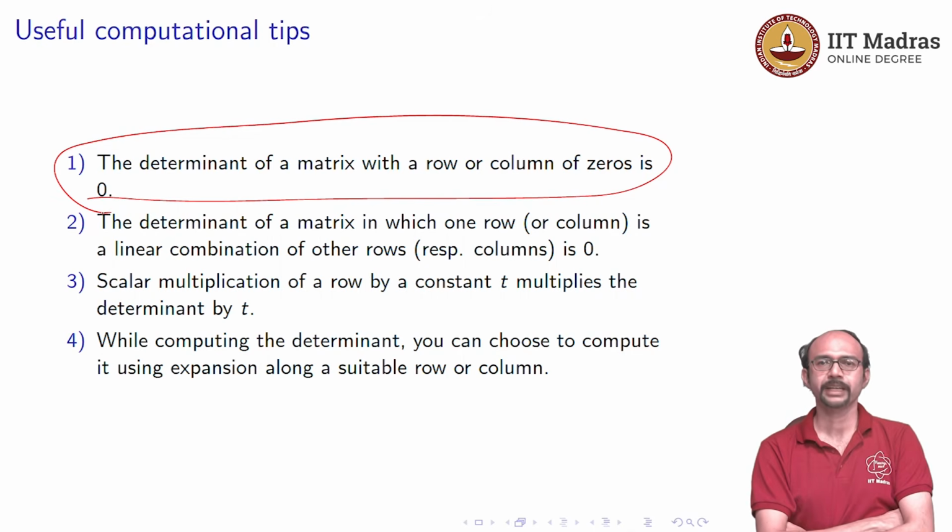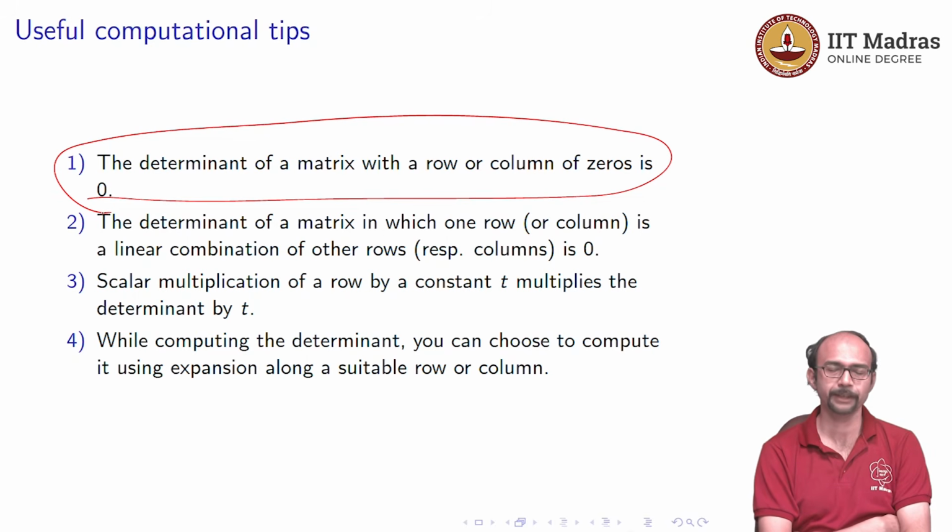Okay, so what have we done in this video? We have seen how to compute determinants. First of all, we defined determinants for square matrices, and then we saw that you can compute them using expansion along any row or column in terms of minors. And then we used that to look at some other properties.